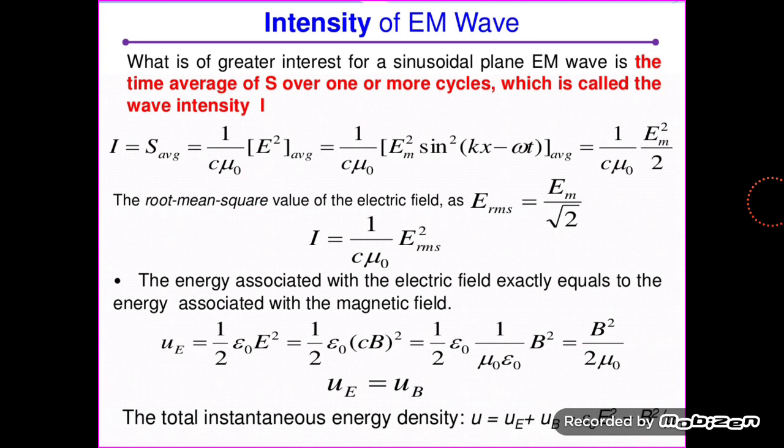UE is equal to 1 by 2 epsilon naught E square, or 1 by 2 epsilon naught c B square whole square. It is equal to B square divided by 2 mu naught, where UE is equal to UB. So the total instantaneous energy density is given below.